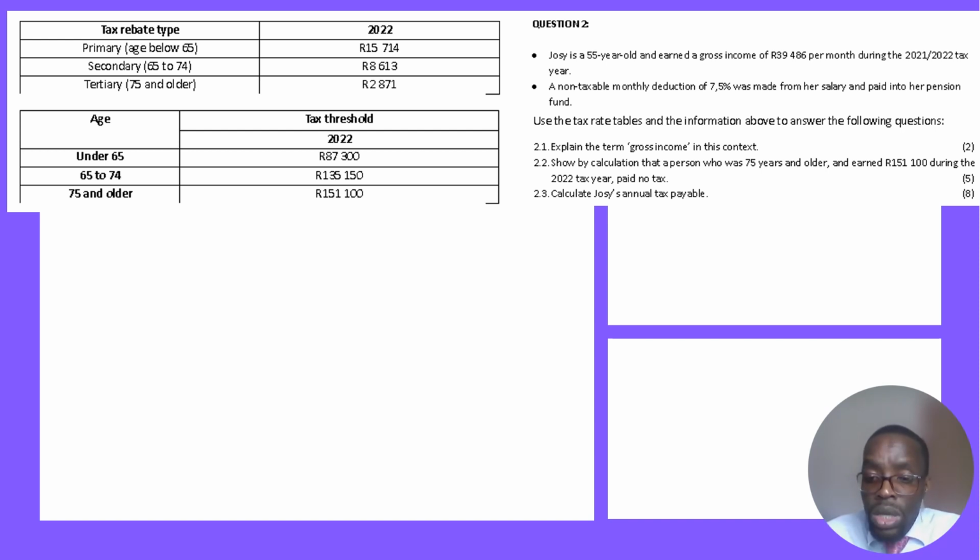Now you would recall that this 151,000 is going to fall in the first bracket. If you can't remember the tax table, just rewind a little bit and go to the tax table and check. So this amount is going to fall in the first tax bracket. So how are we going to calculate it?